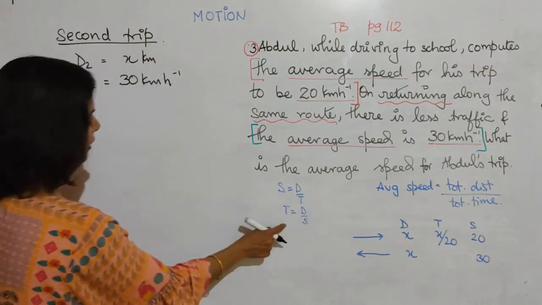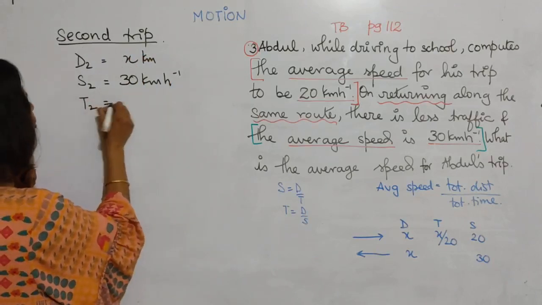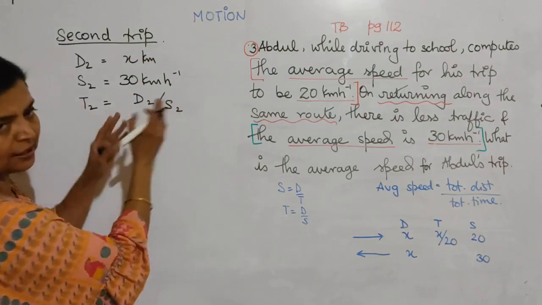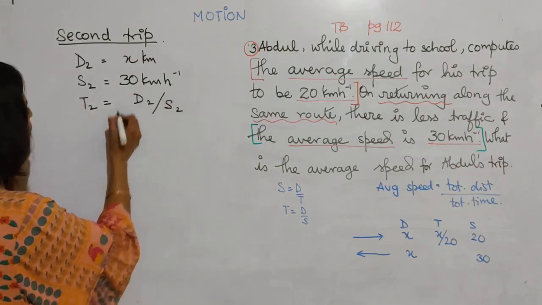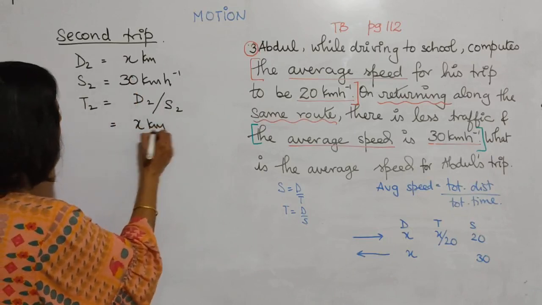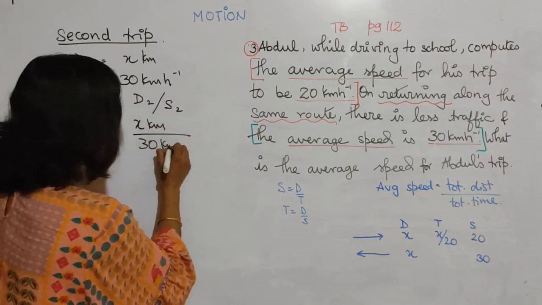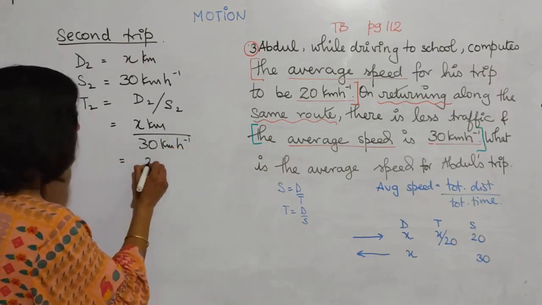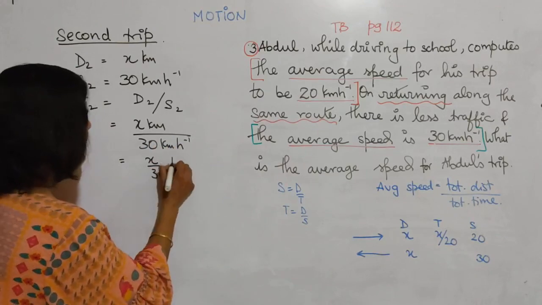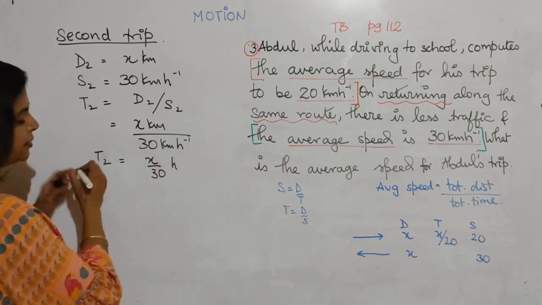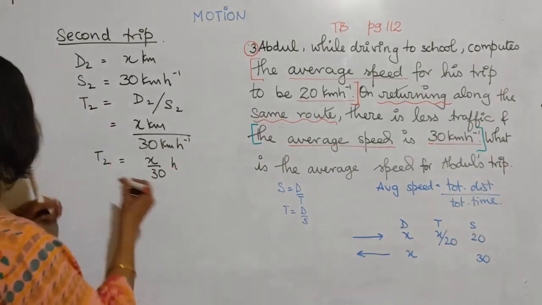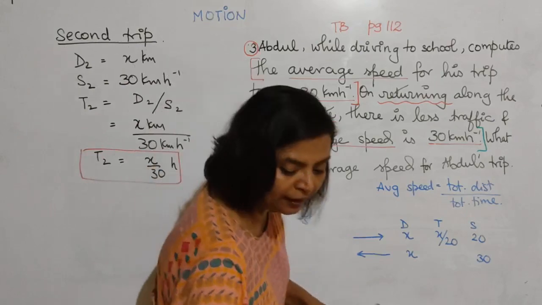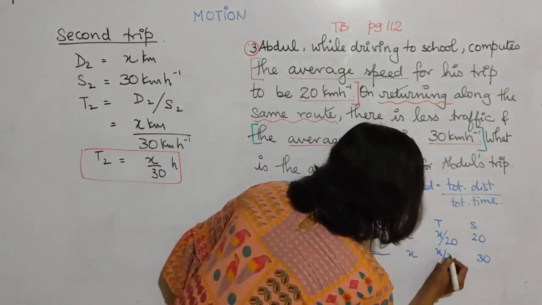So here, as we calculated earlier, time would be distance upon speed, right? So it is going to be x kilometers by 30 kilometers per hour. Get accustomed to this. So the answer is x by 30 hours, right? The second part, time taken is x by 30 hours.